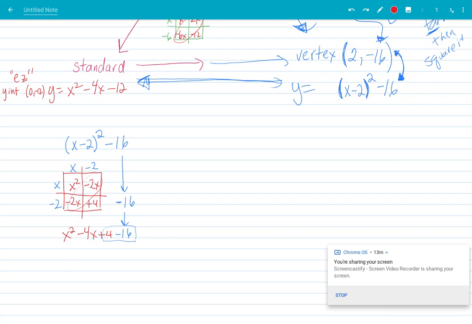We get standard form. Okay, so that's how you go from vertex form to standard form.